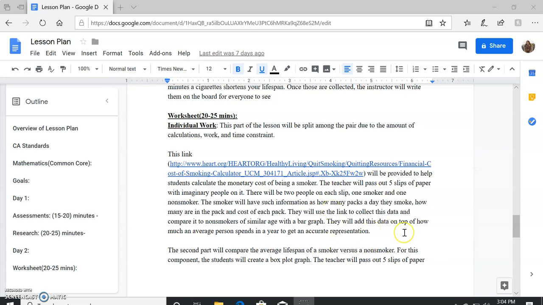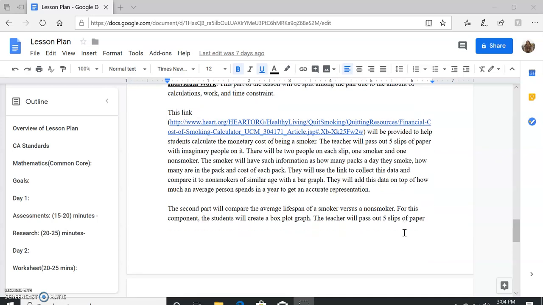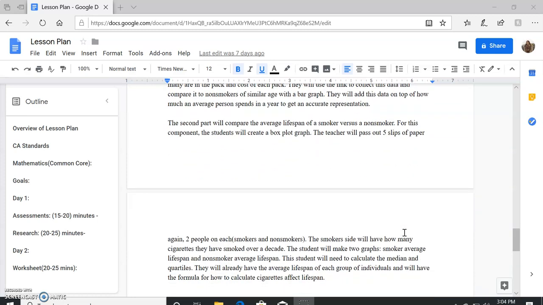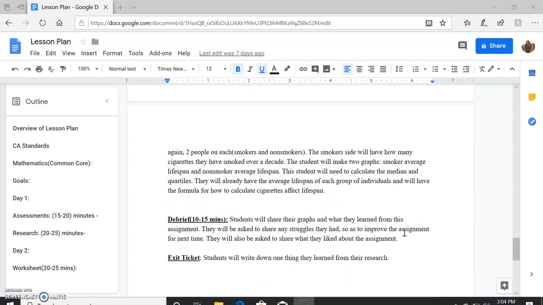The second part is the lifespan portion. And for this, they will be creating a box plot graph. Again, I will pass out 5 slips of paper, 2 people on it, smoker, non-smoker. The smoker side will have how many cigarettes they have smoked over a decade, and with our information of how many cigarettes take away X amount of minutes off their life, this will help figure out the smoker's average lifespan, in which they can compare it to the non-smoker's average lifespan.